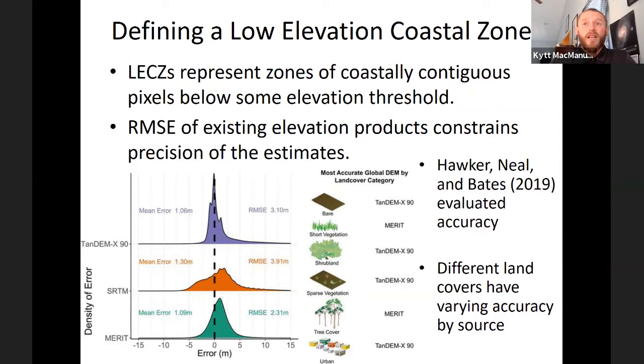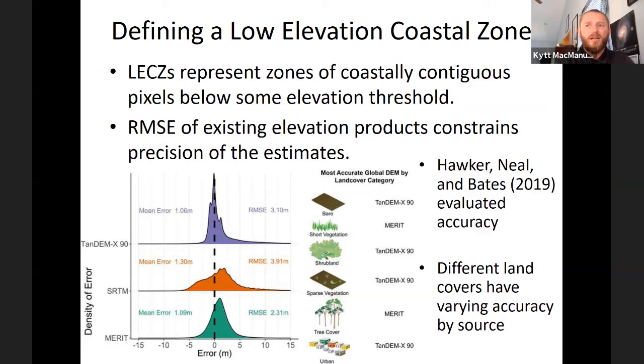It's also useful to understand that the existing DEMs that are out there have root mean square errors in them, and they can be quite large. And not surprisingly, these data are not stationary, so the amount of error varies throughout space. As Hawker, Neal, and Bates showed in their 2019 study, different elevation data products have better accuracy in various land cover types.